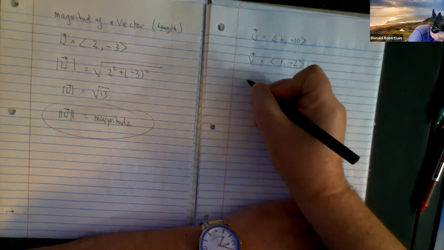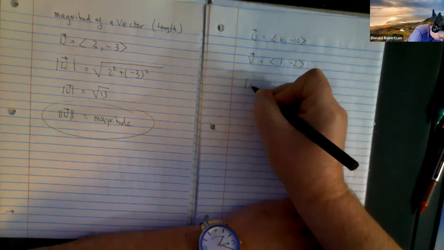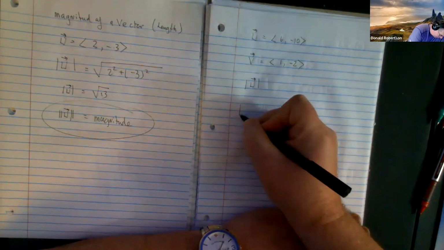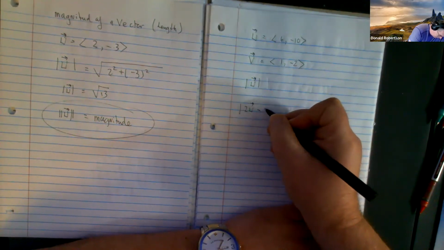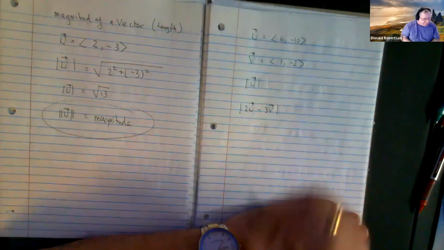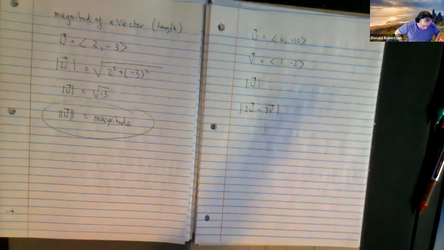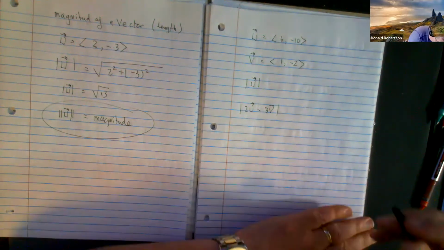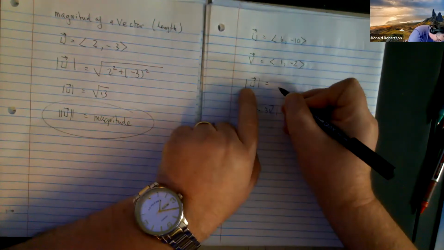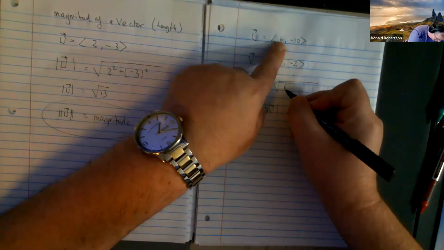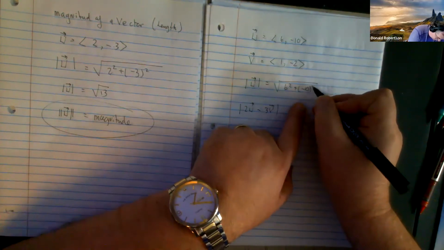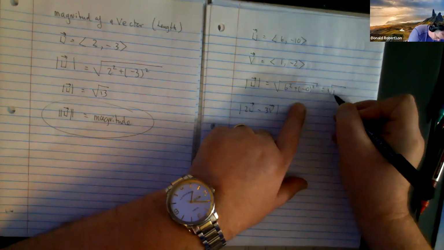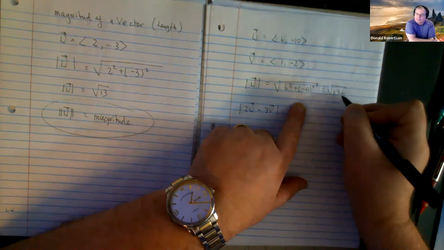I would like to know the magnitude of u and the magnitude of 2u minus 3v. Pretty good examples of that type of calculation. This one is pretty easy. It's just 6 squared plus negative 10 squared, and that would be the square root of 136.